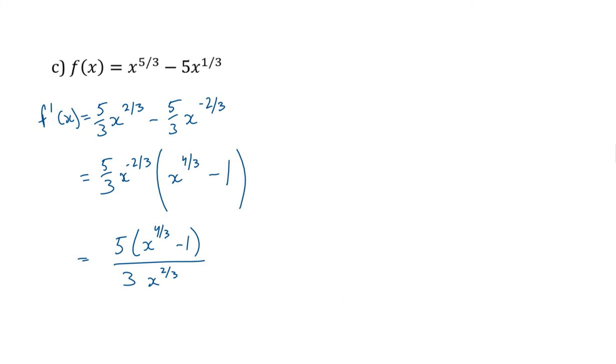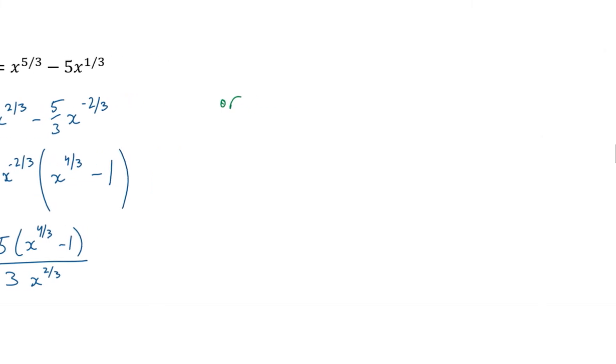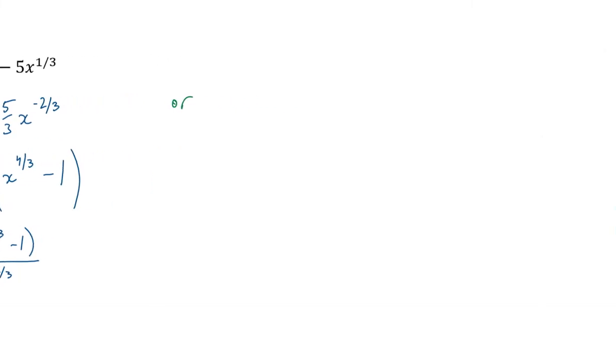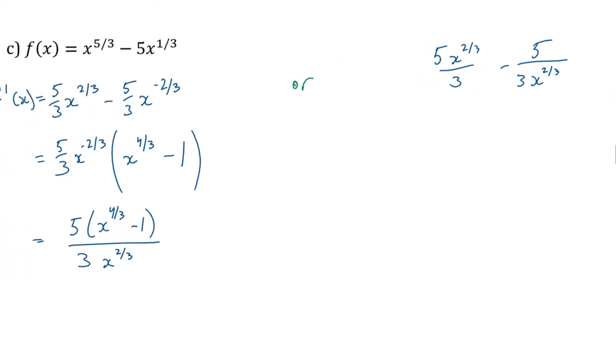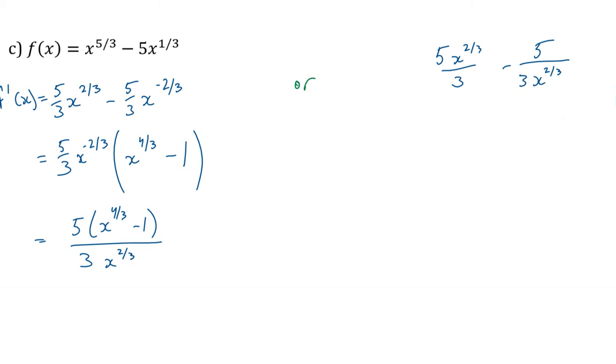The other way that we can do it is by getting a common denominator. So I have 5 x to the 2/3 over 3 minus 5/3 x to the 2/3. Now you don't have to rewrite this necessarily, as long as you can see it for what it is.